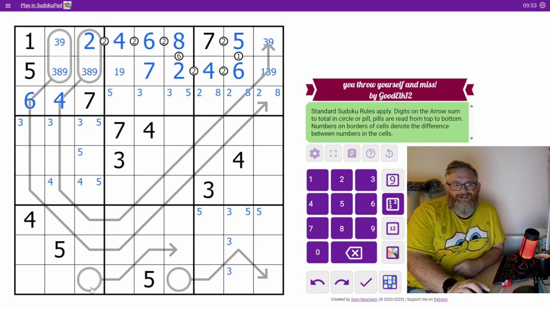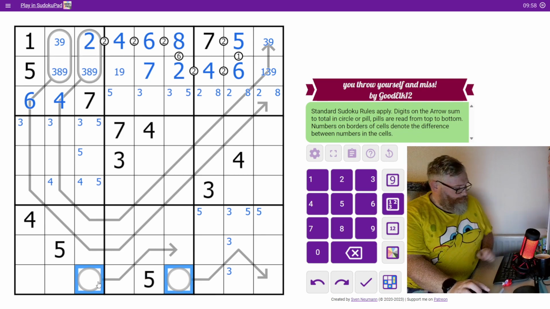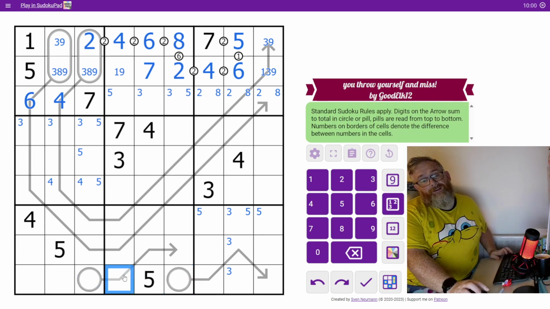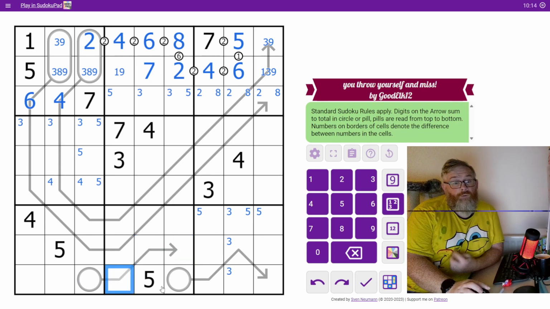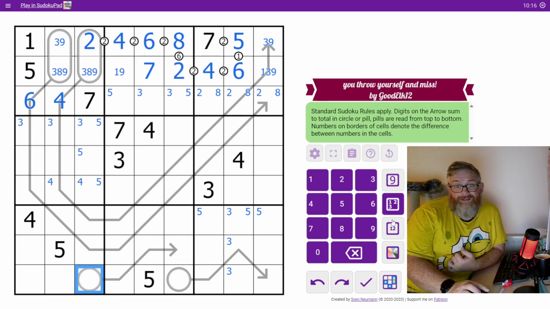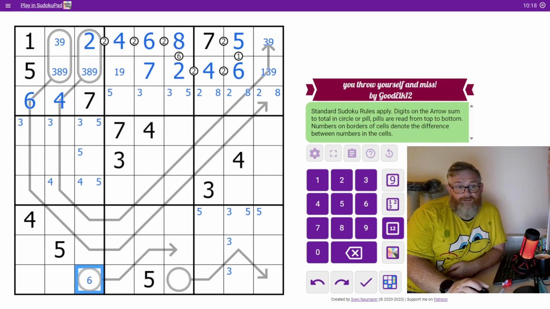Now, interestingly, when you have a circle, and we've got these 2 circles, then they have 3 digits on them. Now, what's the smallest this number could be? So 3 digits, 1 to 9, of course 1, 2 and 3, which add up to 6.